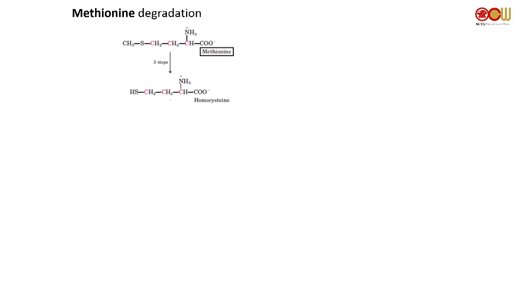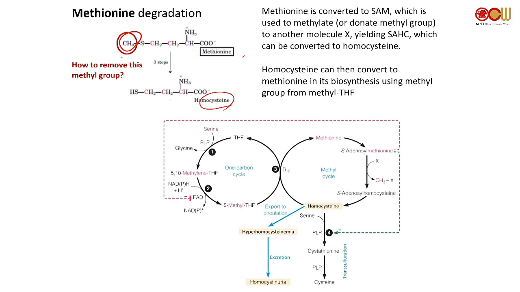Methionine degradation. You go from methionine to homocysteine, and this is actually quite simple because you just get rid of the methyl group. And how do you get rid of the methyl group? SAM. You convert methionine into SAM. SAM transfers the methyl group onto something, and then you get SAH.